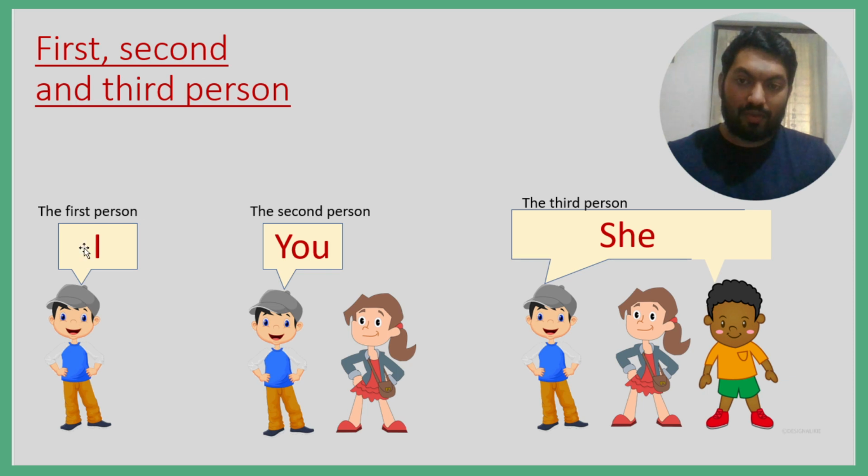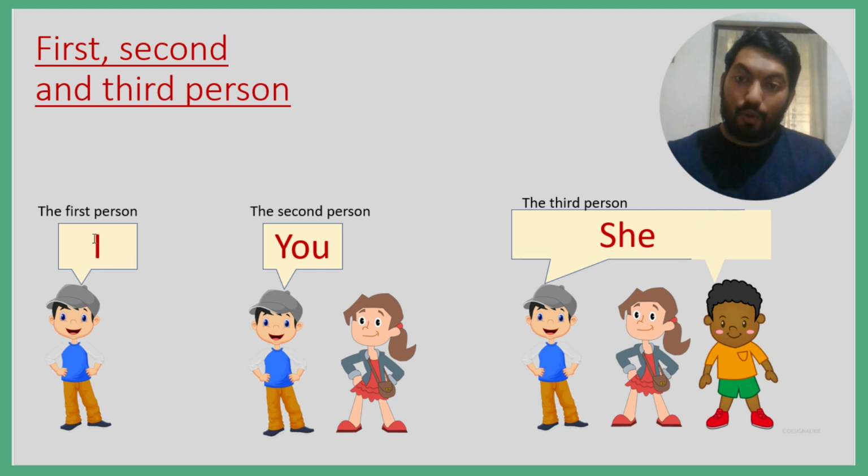Understand the difference between first person, second person and third person. First person I, second person always will be you, third person it can be she, he, it. These same pronouns will have plural versions also. These are all singular versions.